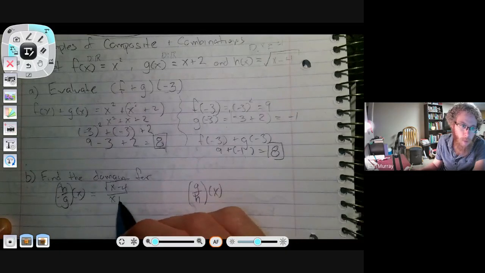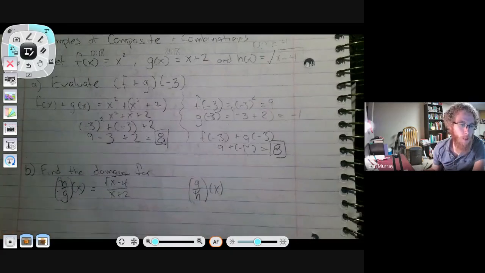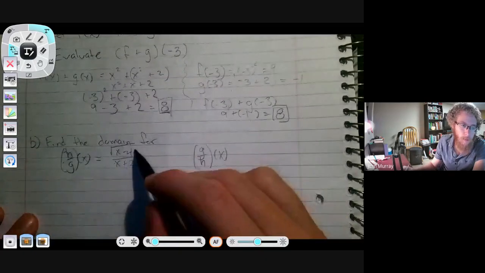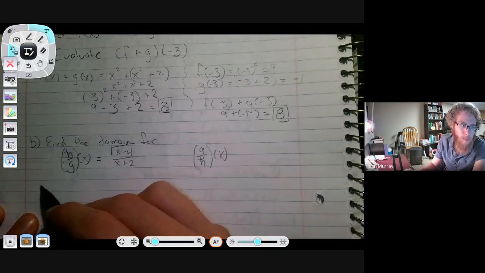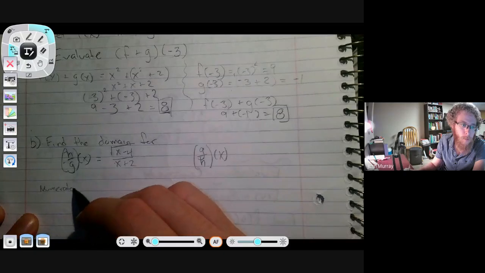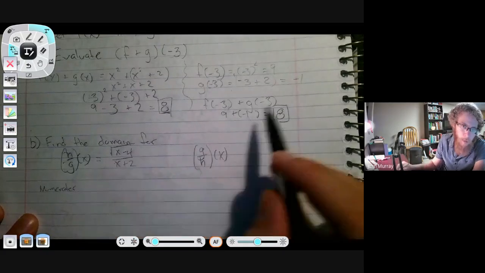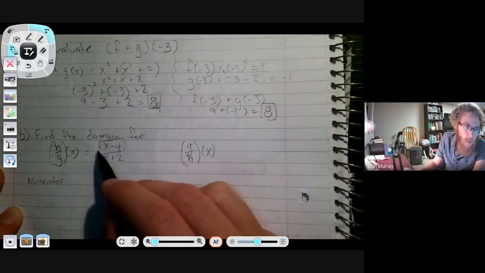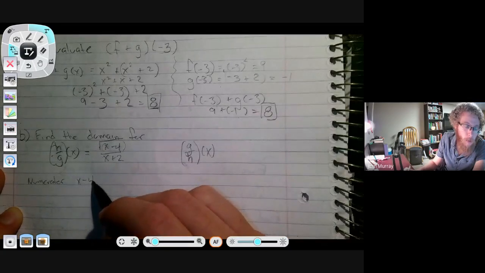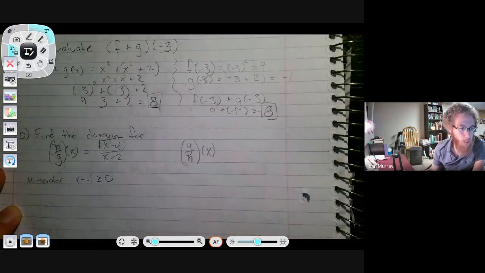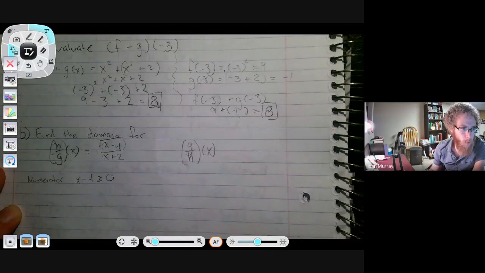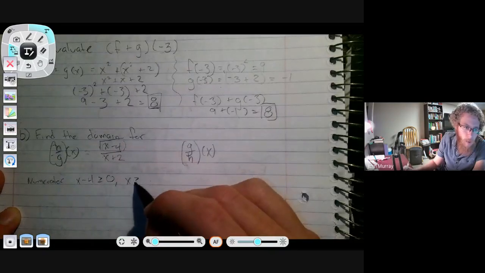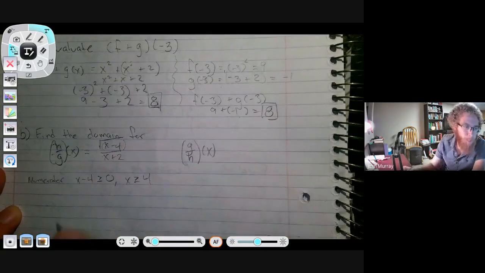G is x plus 2. So we have 2 things going on here. For my domain, for my numerator, like before, I'm going to show you how I got this x is greater than or equal to 4. Again, you take what's inside the square root, and you set it greater than or equal to 0. I believe we went over that, if not last week, 2 weeks ago. We solve and we say x is greater than or equal to 4. So that's for the numerator.